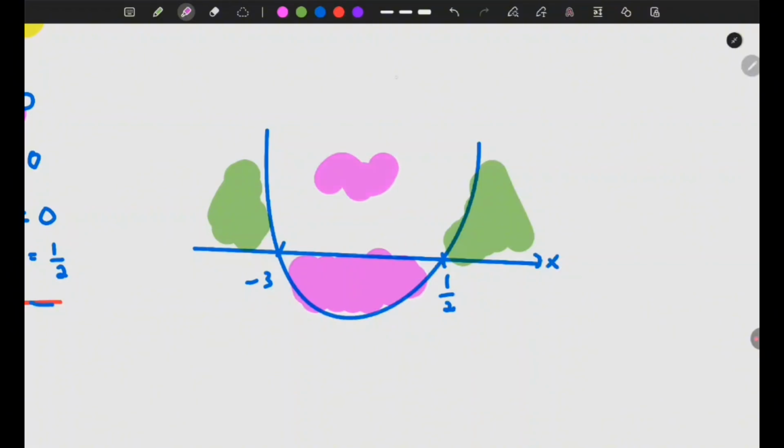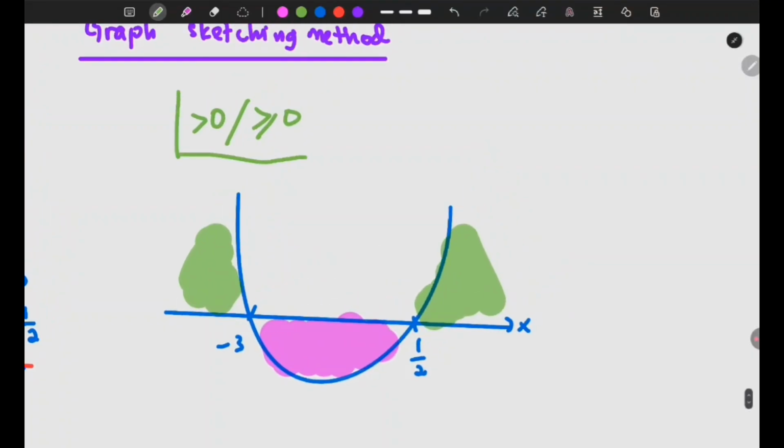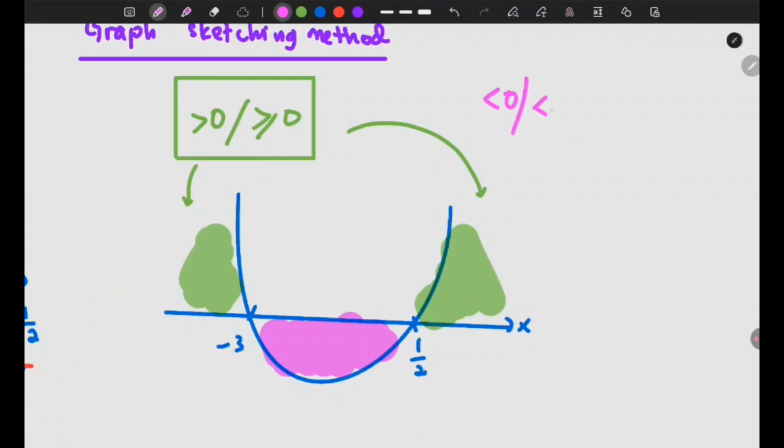How do you know whether you have to shade the green one or the pink one? It's so easy. When it is more than 0 or more than or equal to 0, shade the green part, which is here. If they say less than 0 or less than or equal to 0, shade the pink part, which is here.